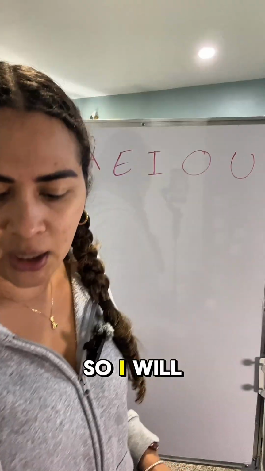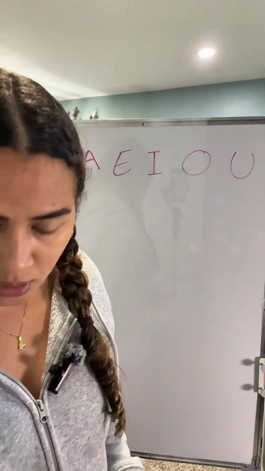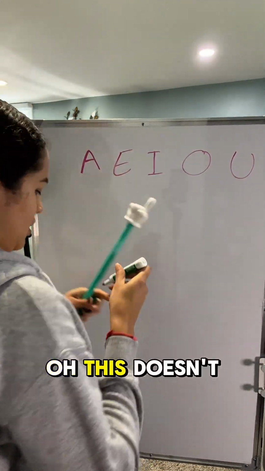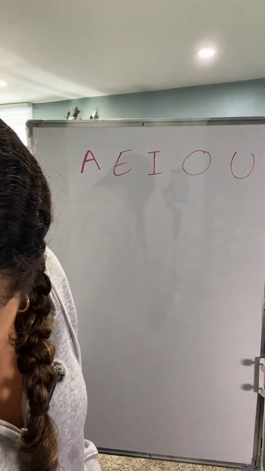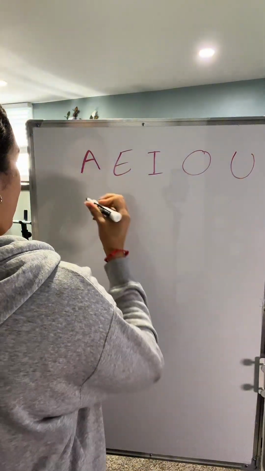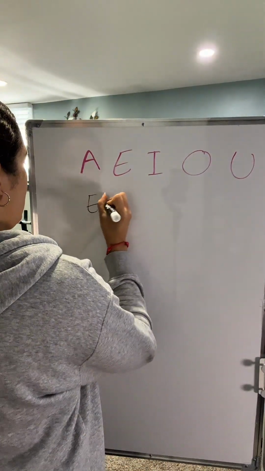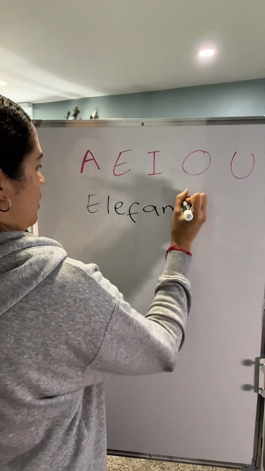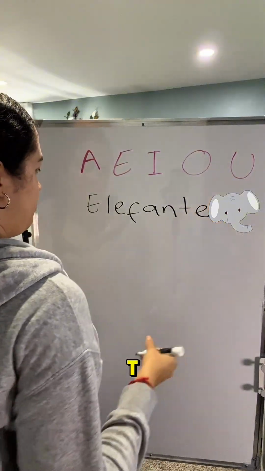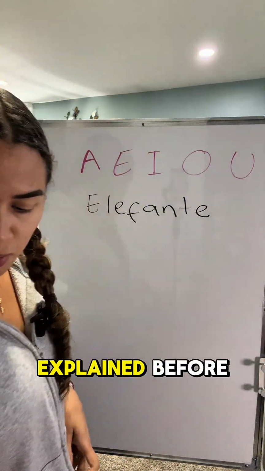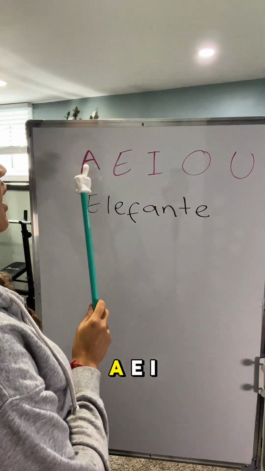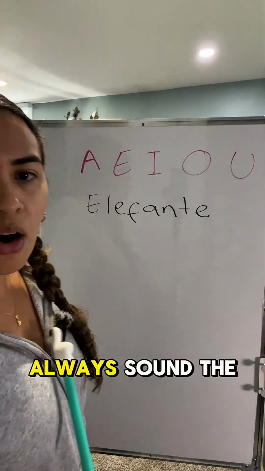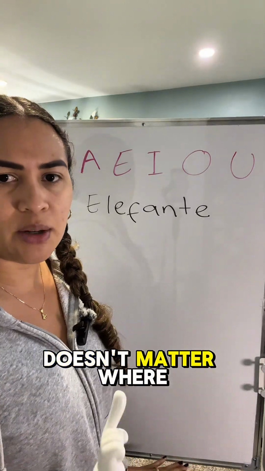So, I will give you an example. Elefante. So, as I explained before, A, E, I, O, U will always sound the same. Doesn't matter where they are.